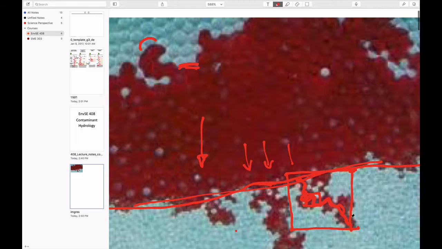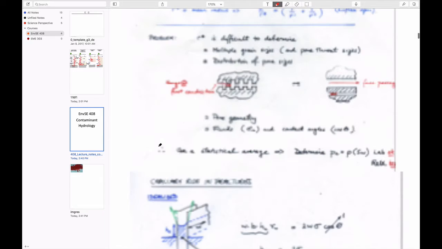But if we took it at this side, this would only be maybe 30% red saturated and 70% water saturated. So what we'd like to be able to do is to say something about how this saturation will turn out to be if we know something about the properties of this bead pack. And so that's our real task for this.